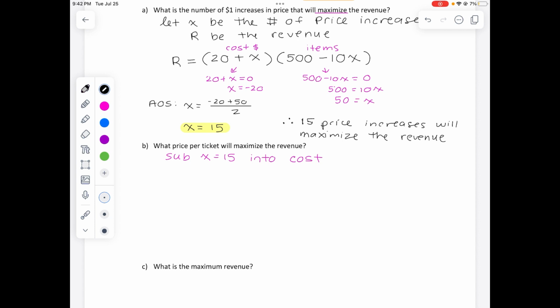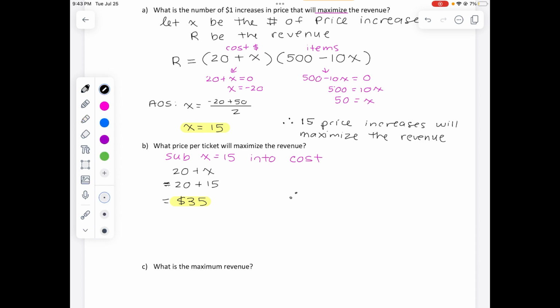So I'm just going to have 20 plus x, which is equal to 20 plus 15. So my cost is equal to $35. I'm just subbing it into that first bracket that's related to cost because that's what part B is asking me, what the actual ticket price is.